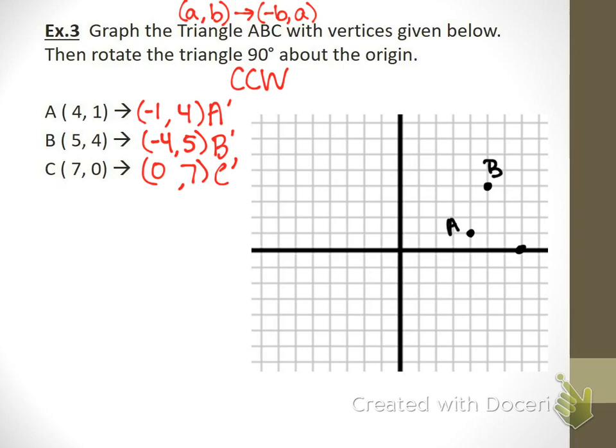So A, B, C. And then we can graph our image, A prime, B prime, C prime: negative 1, 4, negative 4, 5, and 0, 7. A prime, B prime, C prime.